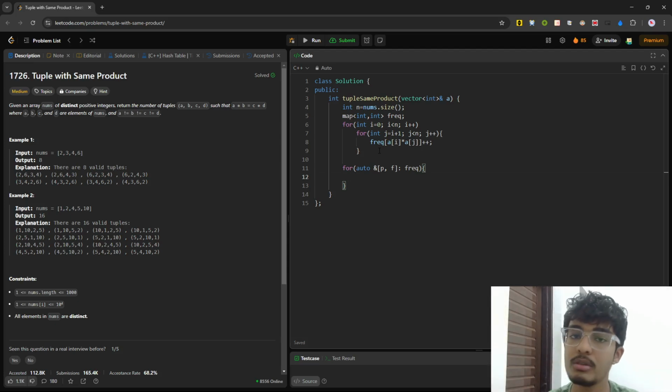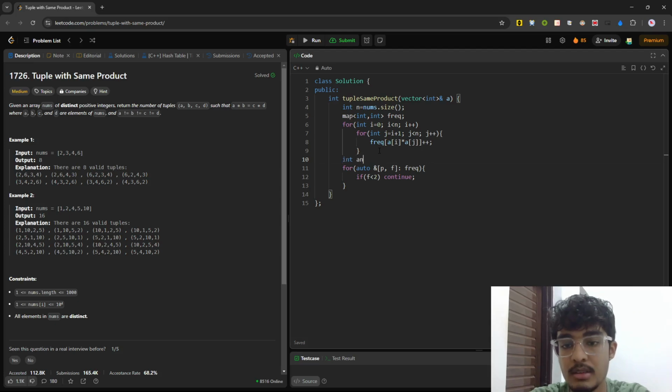Why? Because the elements can be at max 2, but we want 4 elements. So I will just put that condition: if f is less than 2, continue. Also let's create an integer answer where we will store all the possible tuples.